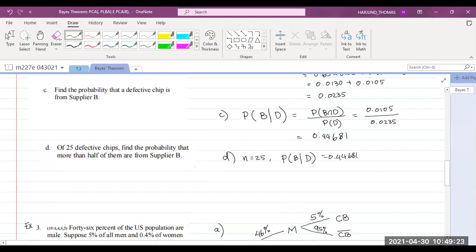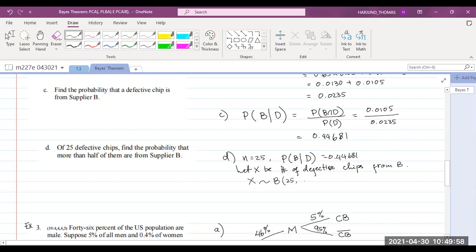Now let me start here. Let X be the number of defective chips from B. Then X will be binomially distributed, 25 trials.